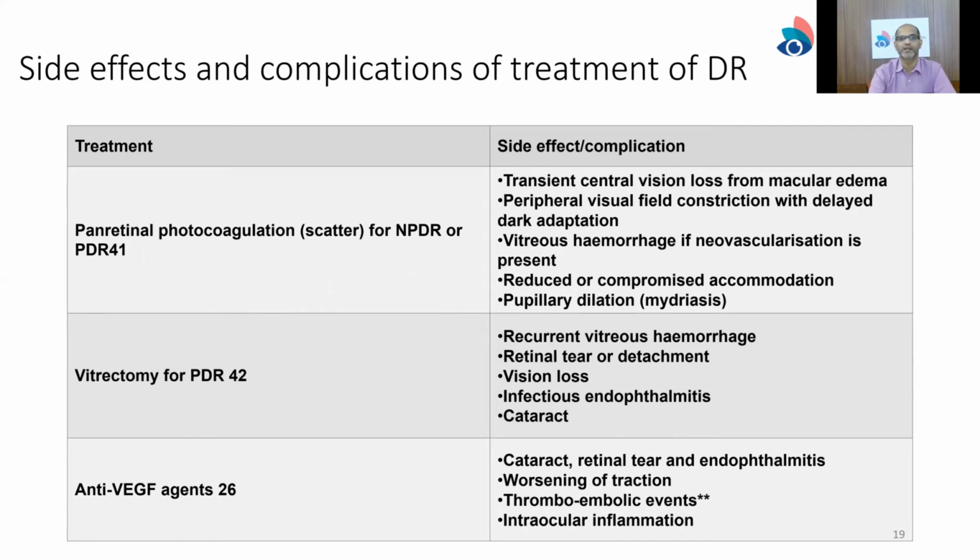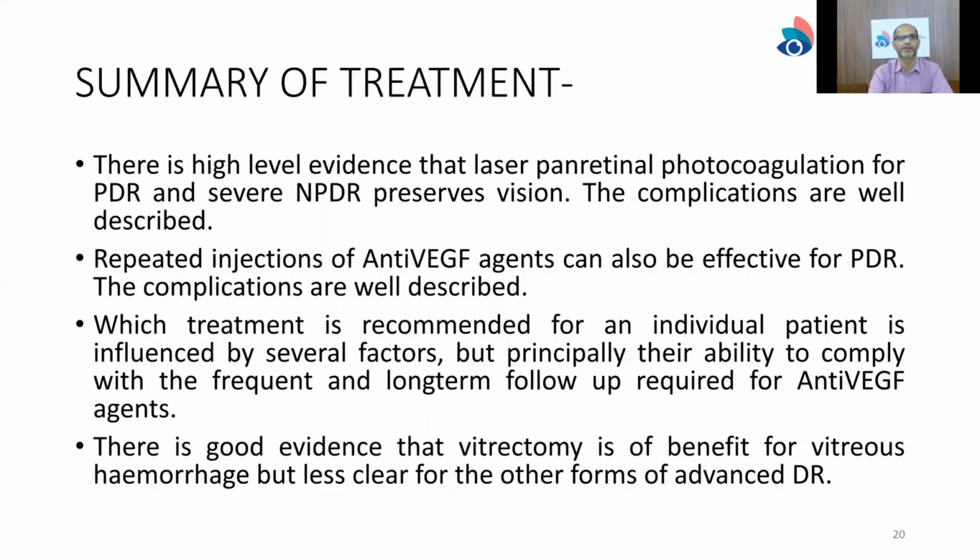With anti-VEGF: cataract, retinal tear, endophthalmitis, worsening of traction, thromboembolic events, or intraocular inflammation. So we need to explain these in advance, take consent, and only then start the treatment.